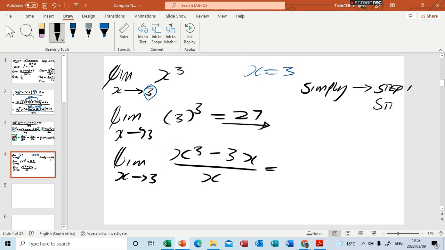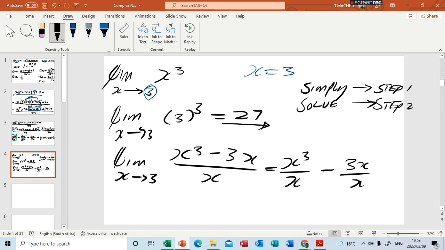And then step 2, you solve or you substitute, whatever. You simplify first, then you substitute, whatever, as long as you can remember it. So the first thing that you do, you split this. You're going to say 3x over x. You split it because of this sign.